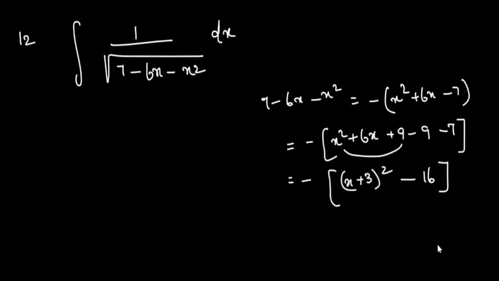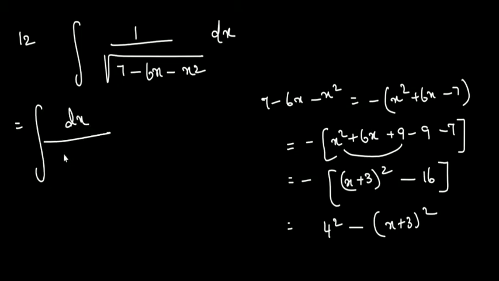So bring the minus sign in. So this will become plus 16 minus this. So 4 square minus x plus 3 the whole square. Okay, this will become plus, this will become minus. So this integral will now become dx by root of 4 square minus x plus 3 the whole square.